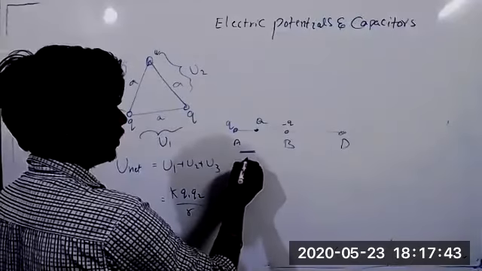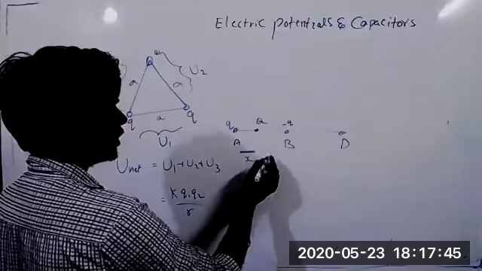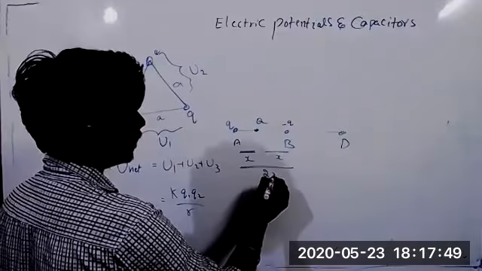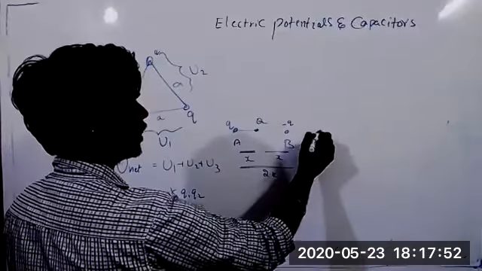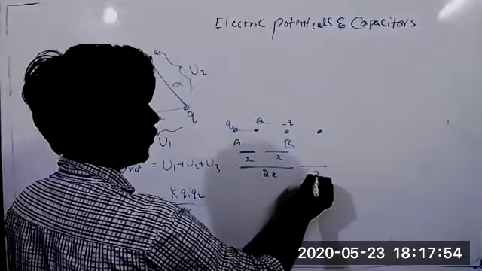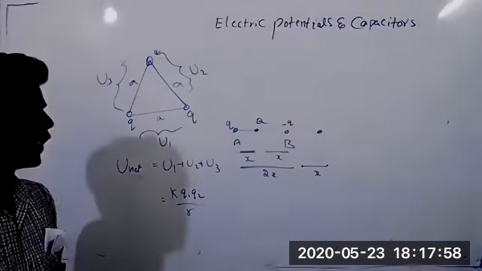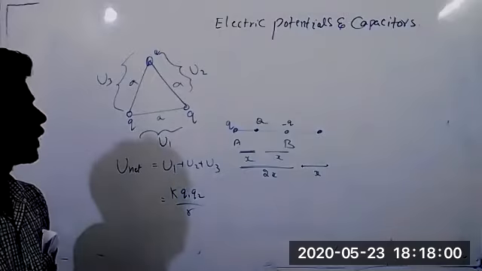Between these two, take X distance. Between these two also X distance. So between these two, 2X distance, and one more X. Remember the question. Very easy. This type of model question will come.